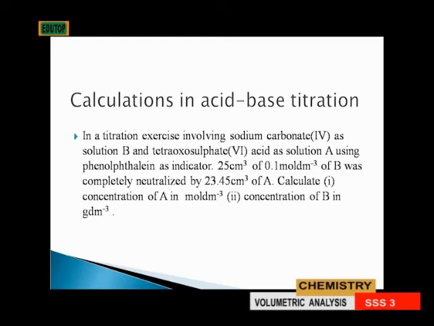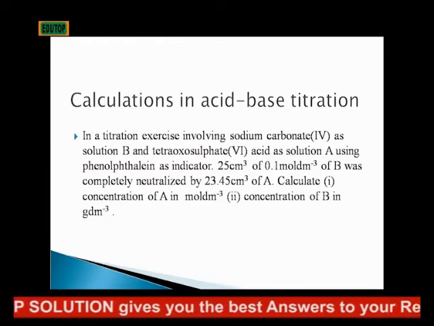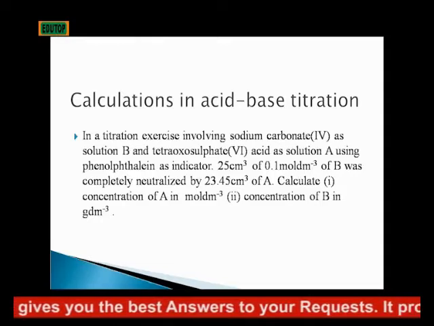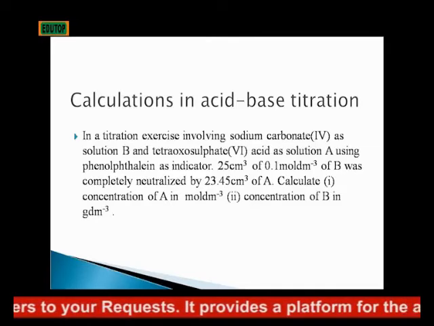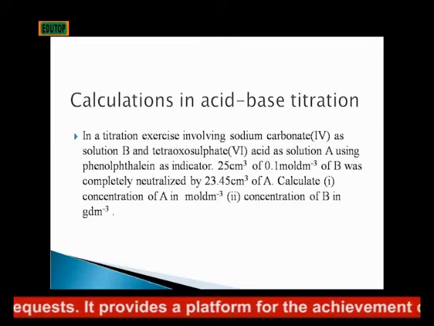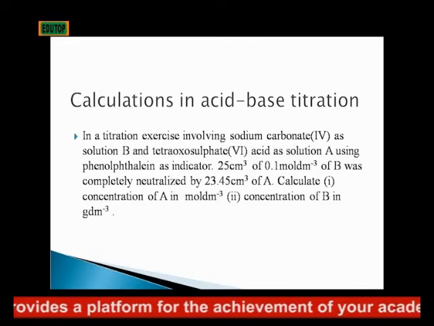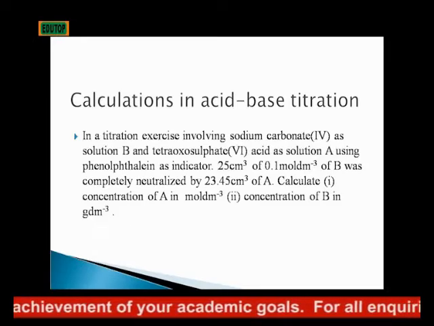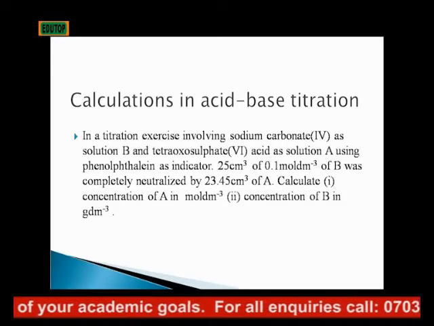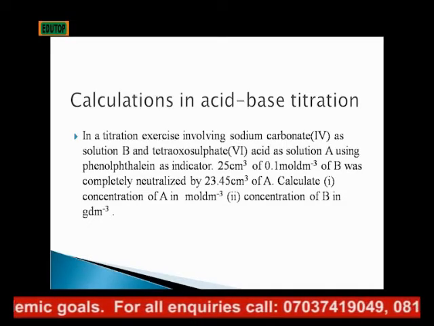Number 1: in a titration exercise involving sodium trioxocarbonate(IV) as solution B and tetraoxosulfate(VI) acid as solution A, using phenolphthalein as indicator, 25 cm³ of 0.1 molar B was completely neutralized by 23.45 cm³ of A. Calculate: 1, the concentration of A in mole per dm³; 2, the concentration of B in gram per dm³.